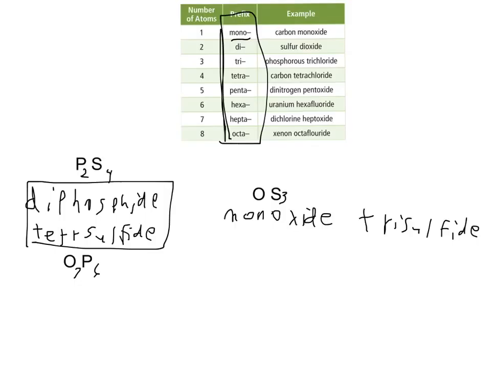Now moving on to the last one. We have oxygen 7 and P6. Sorry, I messed up on that 6 down there. But so 7, hepta. Hept oxide sounds the best, not hepta oxide.